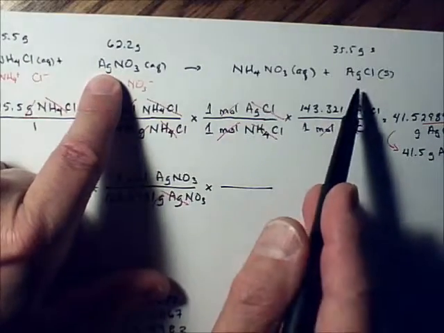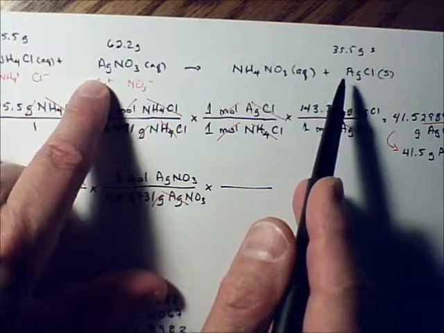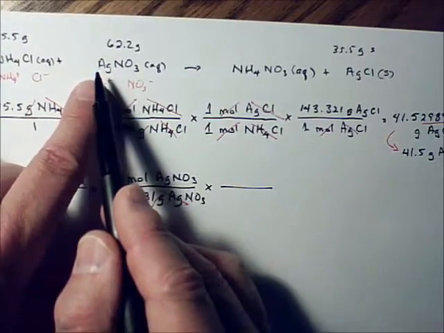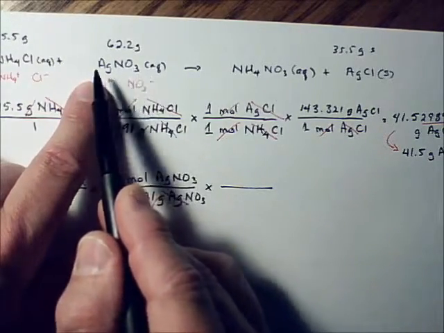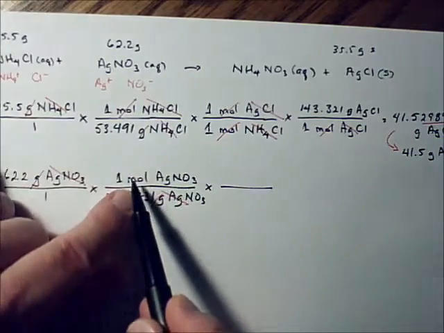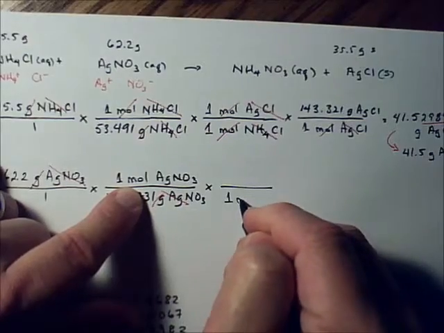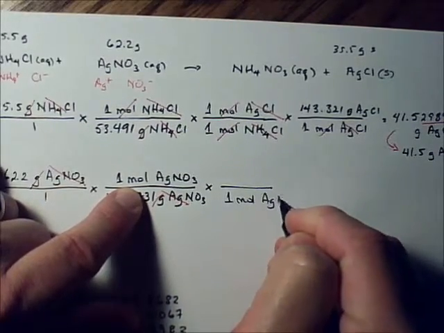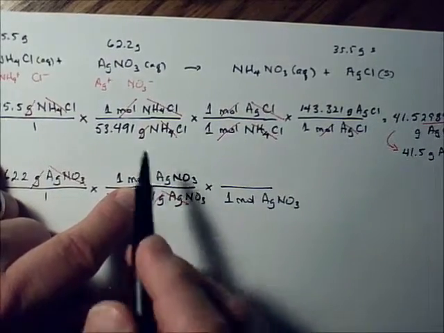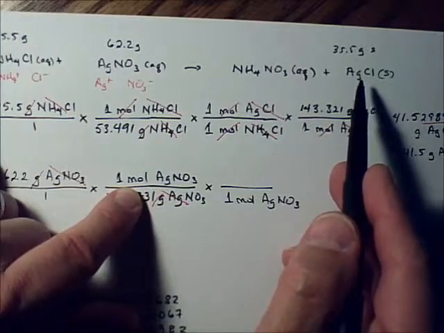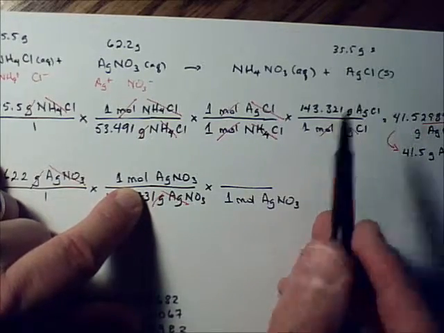It's still a 1-to-1 ratio because that's the coefficients we have in the equation. So I've got 1 mole of silver nitrate right here. I want to match that with the units of silver nitrate here, units and species, 1 mole of silver nitrate. And we're trying to find the solid, and there's 1 mole of that. So I'll put that on the top.